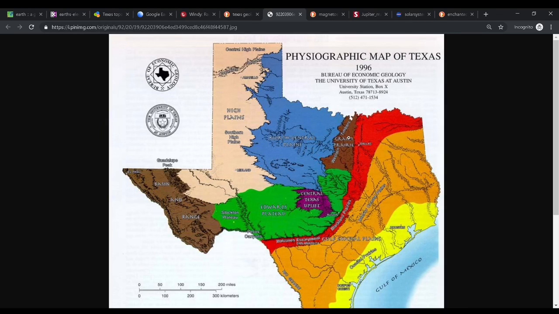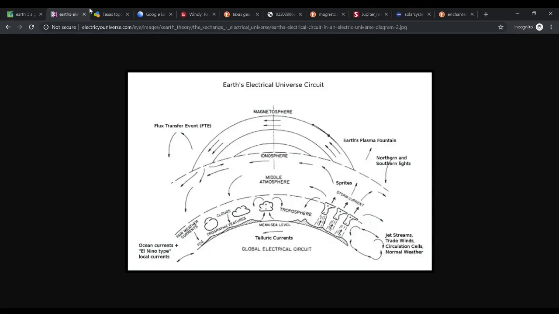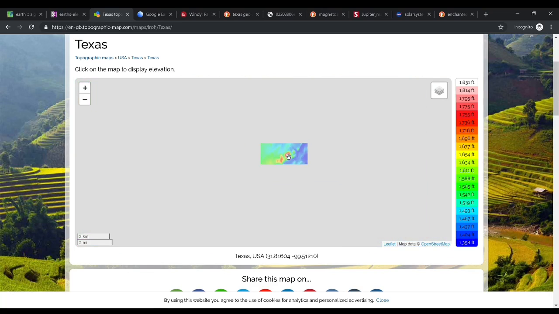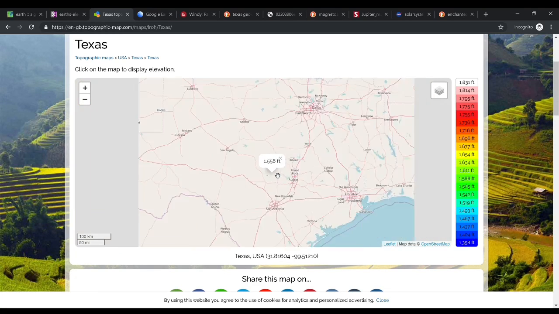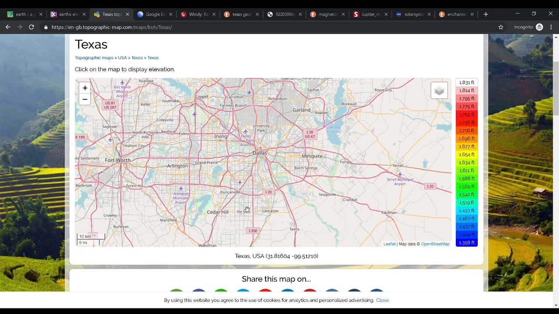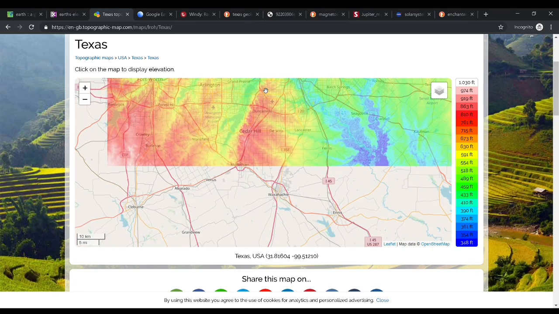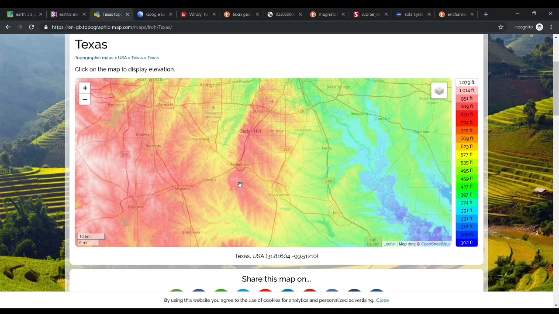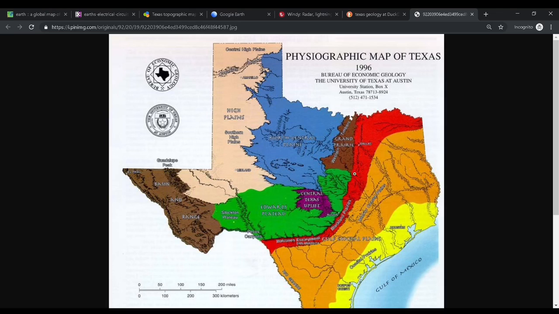So Fort Worth is over here, Dallas is over here. It dramatically changes geology over here. That's that ridge line that I was showing you. I'll go back. Where's that? Where am I? This ridge line right here that goes right through Cedar Hill and Midlothian. Right here. Boom. See that?